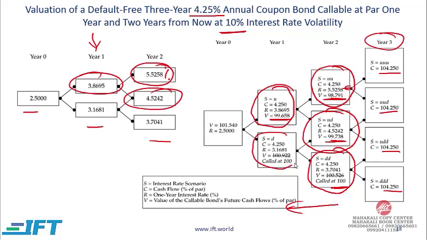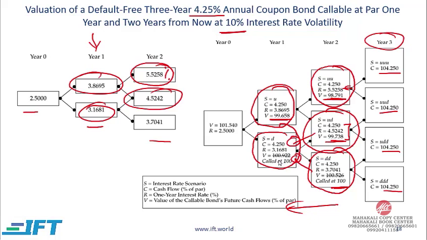For this node, we use 3.1681, that's this rate, and what we do is we find the present value of these two numbers, so 99.7 plus 4.2, find the present value of that, find the present value of 100 plus 4.25, and then take the average of those two present values.